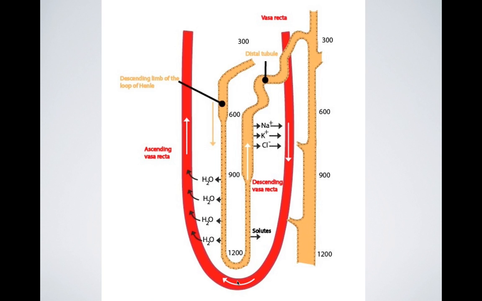And that is so important because once the osmolarity of this blood is really high, when the blood comes up this way, it's going to be able to reabsorb the water. So essentially the blood over here gets really concentrated with salt, so that on this side it can reabsorb all that water.